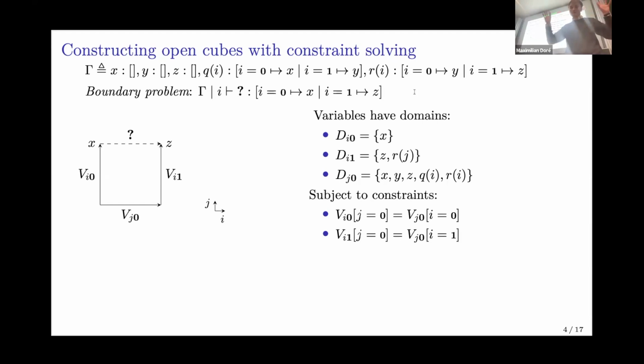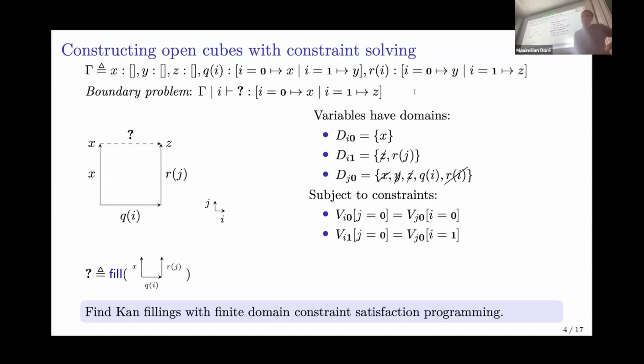So phrasing this problem in this way means we've already solved this, because there are finite domain constraint satisfaction solvers, where you can just plug in a bunch of variables with domains and a bunch of constraints on these variables, and then they'll do some backtracking, for instance, to solve this. So to resolve these automatically, all we need is these P's, and then this will be carried out quickly.